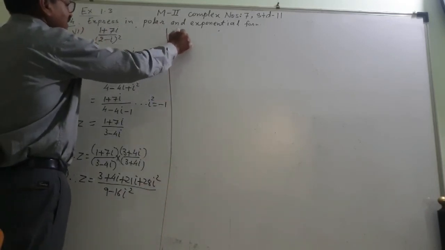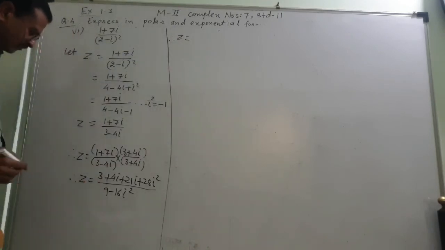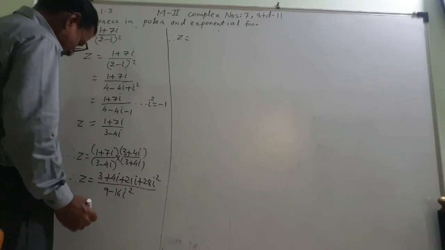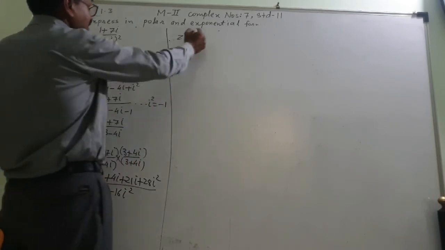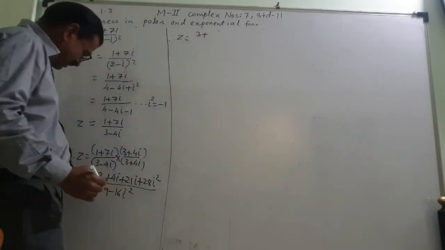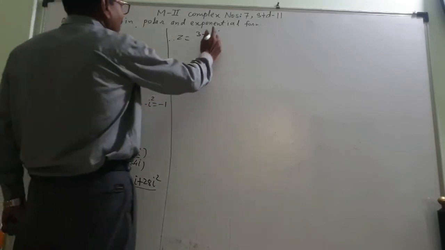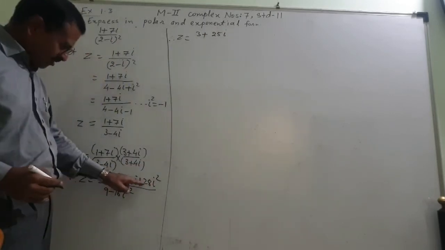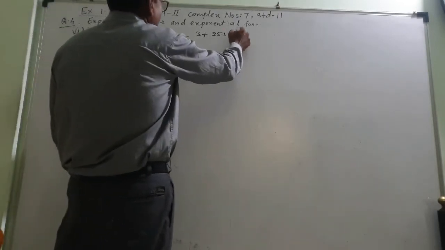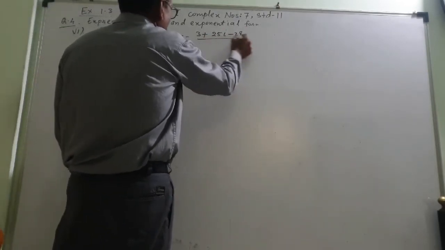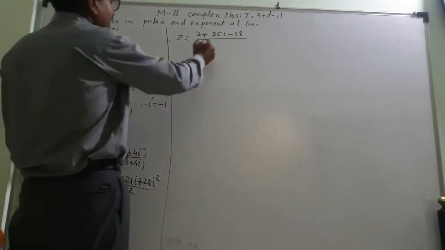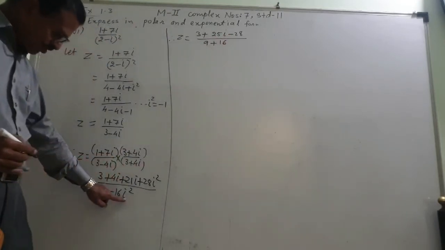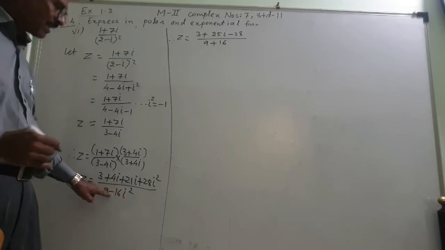Therefore Z is equal to, this 7i into 4i is 28i square, 3 plus this 4i and 21i will be 25i, so 3 plus 25i, and this will be minus 28i square, upon 9 plus 16, because i square is equal to minus 1 and this minus, so plus.